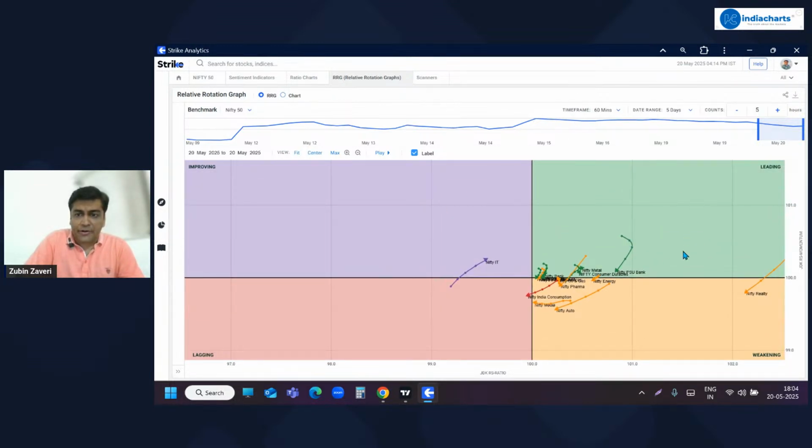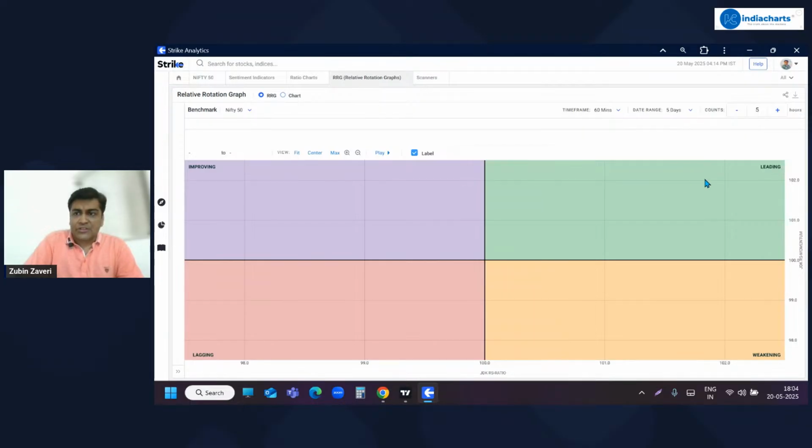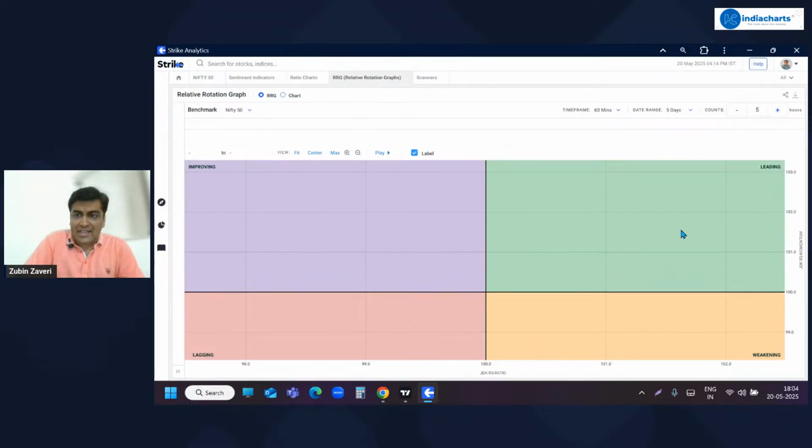As of now I'll just disable all these things. The green quadrant is called the leading quadrant. The yellow one is called the weakening quadrant. The red one is called the lagging quadrant, and the purple one is called the improving quadrant.